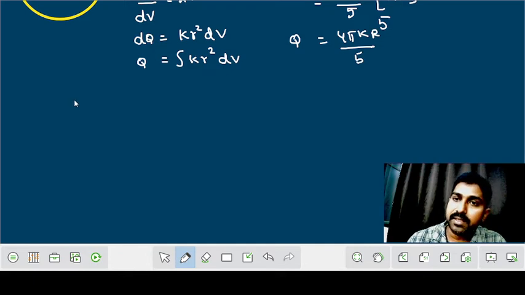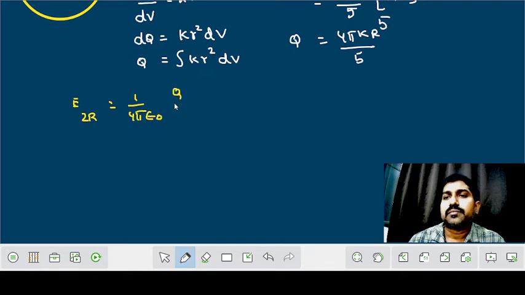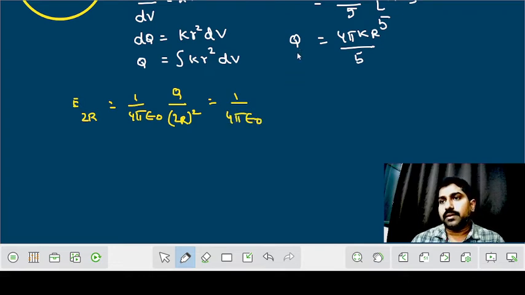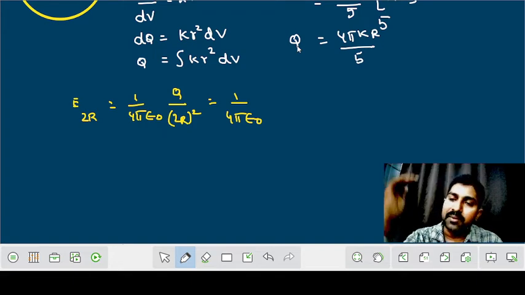first of all the electric field intensity at a distance 2r from the center, that means outside the given sphere. The general formula is 1 by 4 pi epsilon naught, charge enclosed, by distance square. Distance is 2r from the center, and this is equal to 1 by 4 pi epsilon naught into the charge on the whole sphere, because outside the sphere no charge exists. So at 2r distance, even if you draw a Gaussian surface, it covers the same amount of charge only.